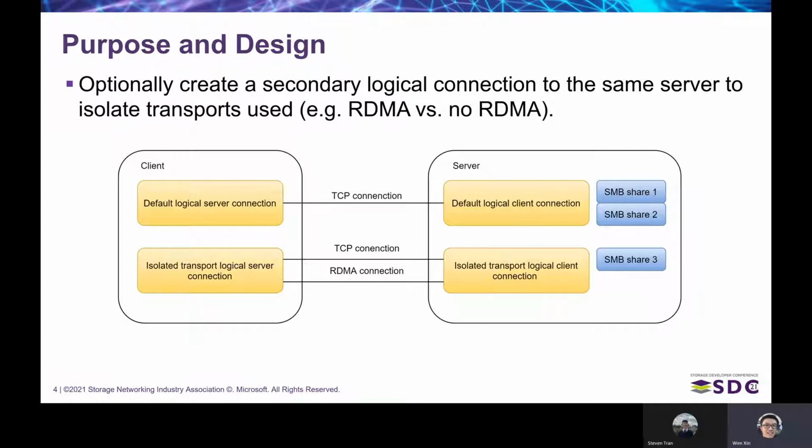And then on the client side, this is conveyed via the tree connect response, and if the client sees that flag, it will try to establish that tree connect through that isolated transport. In this context, on the client side, we provided a registry key to disable RDMA on the default connection, but the isolated transport can still use RDMA.